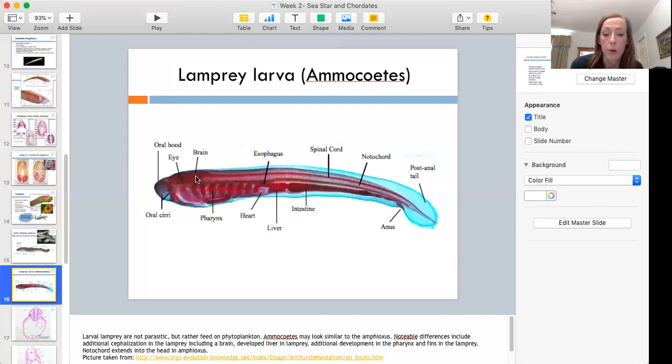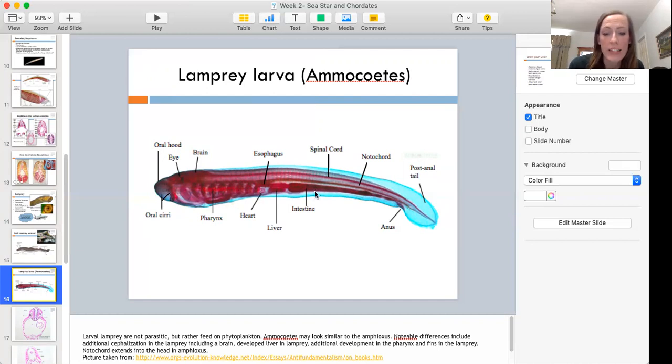So what you should look for to basically tell the difference is that you've got a little bit more cephalization. You've got eyes here in the larval lamprey. You've also got some increased specialization in the internal ventral structures. You've got a liver, you've got a heart present here, which you cannot see in the Amphioxus.